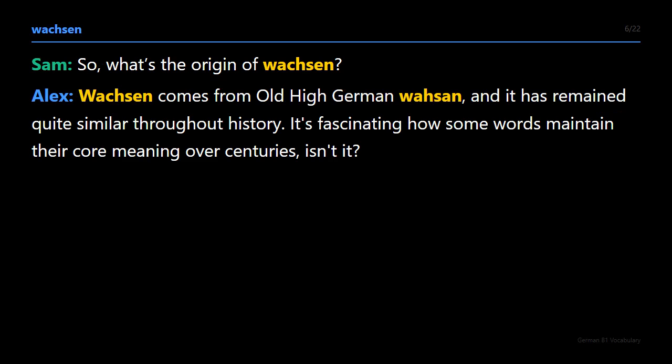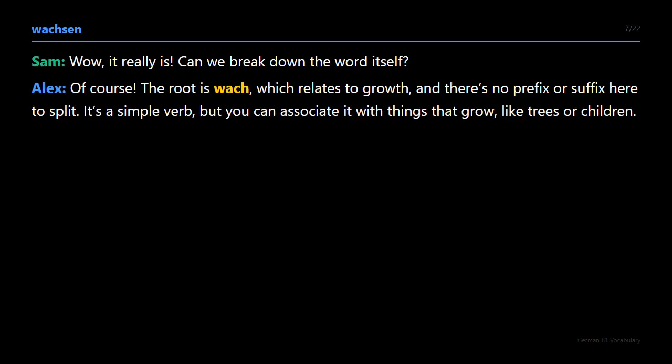Wow, it really is. Can we break down the word itself? Of course. The root is wach, which relates to growth, and there's no prefix or suffix here to split.